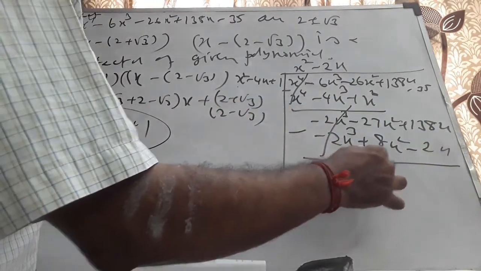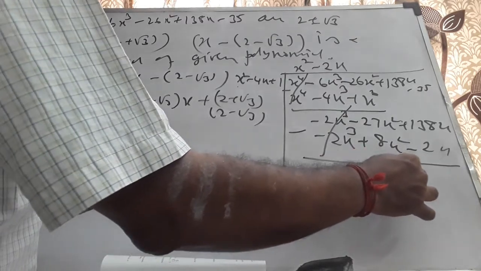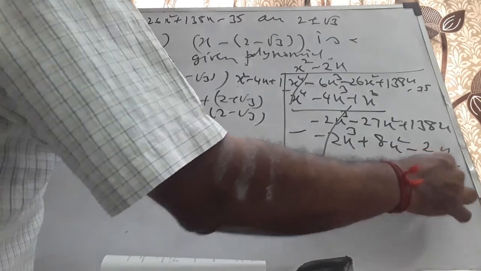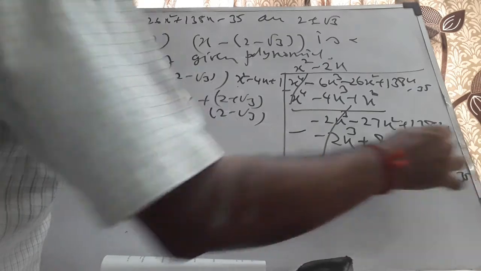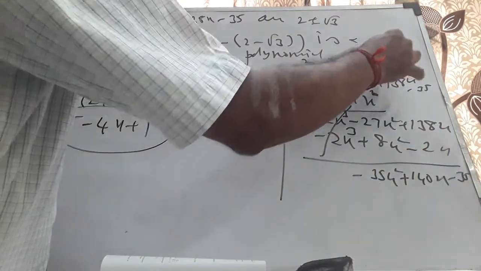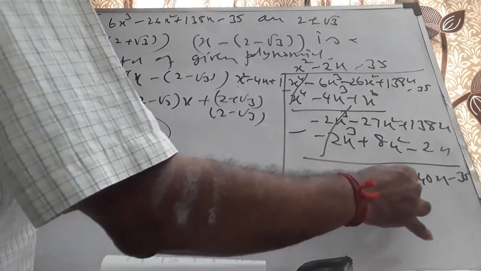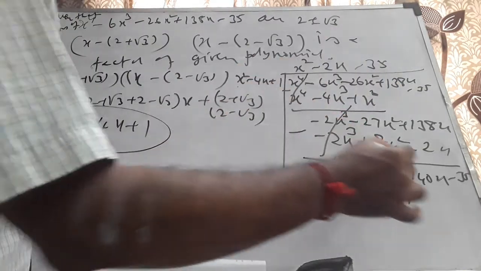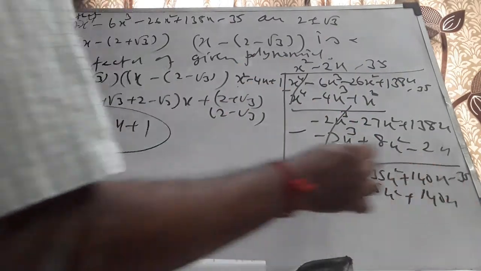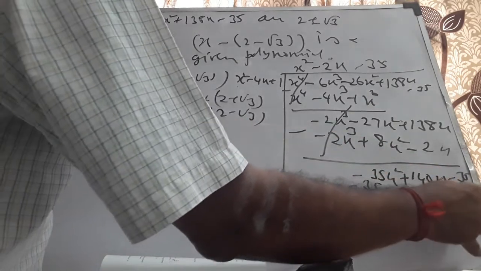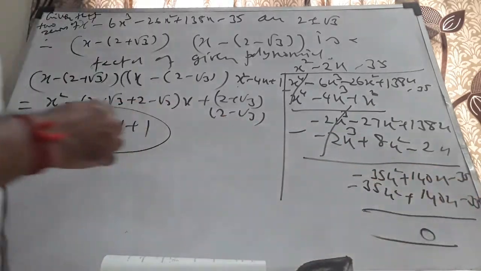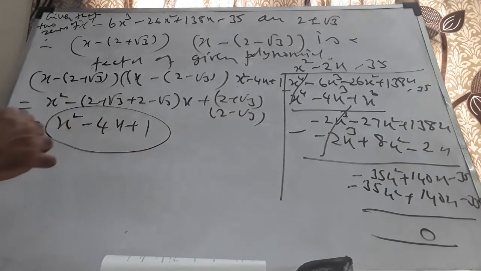This will become minus 35x square plus 140x, of course, minus 35. Therefore, here I will get minus 35. Minus 35x square plus 35 into 4 becomes 140x minus 35. It exactly gets cancelled, 0.